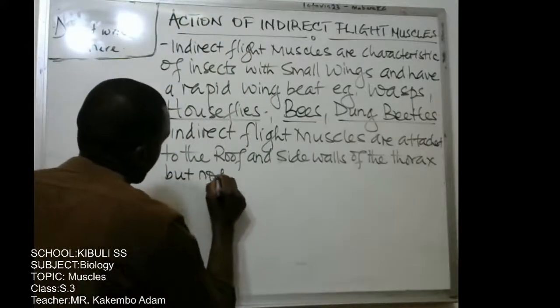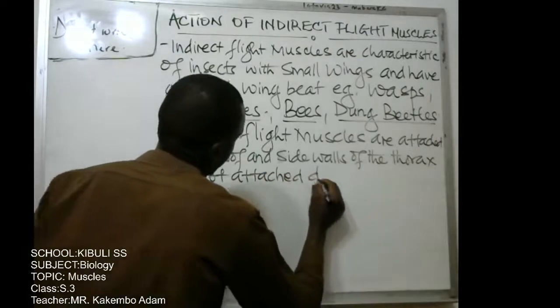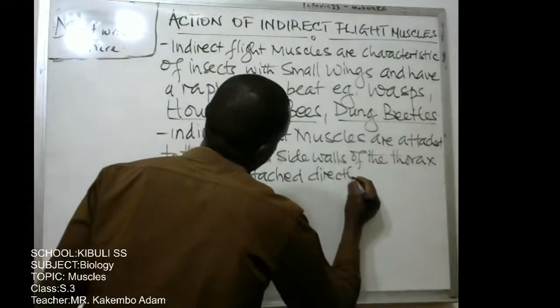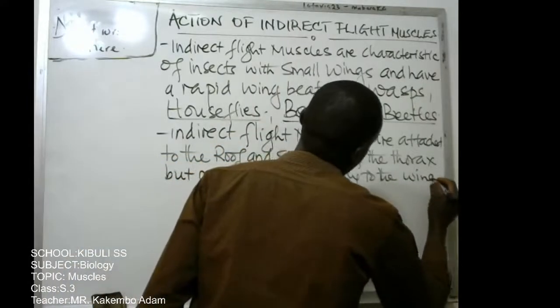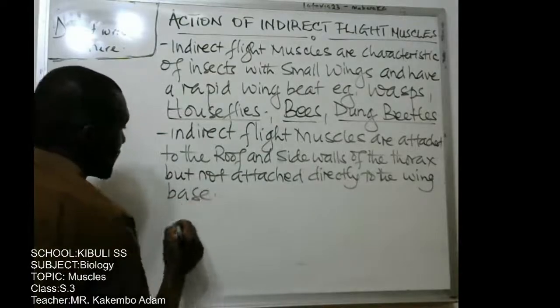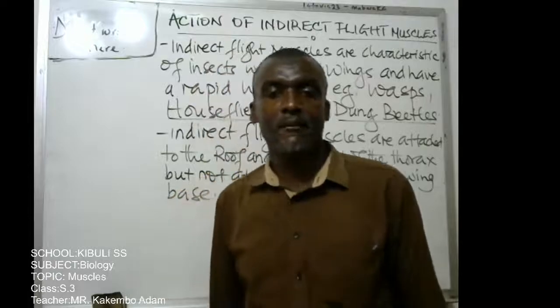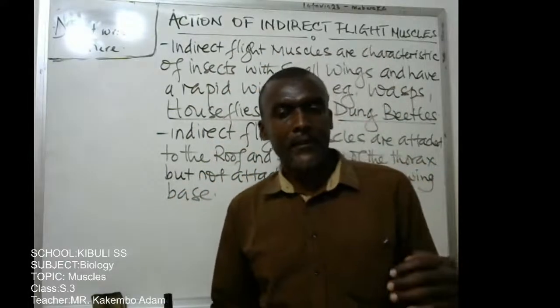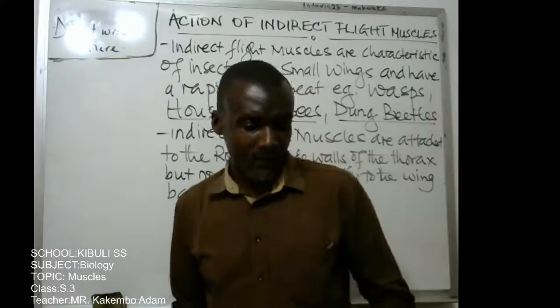That is why they are called indirect flight muscles, because of their attachment to the body and more so to their thorax.